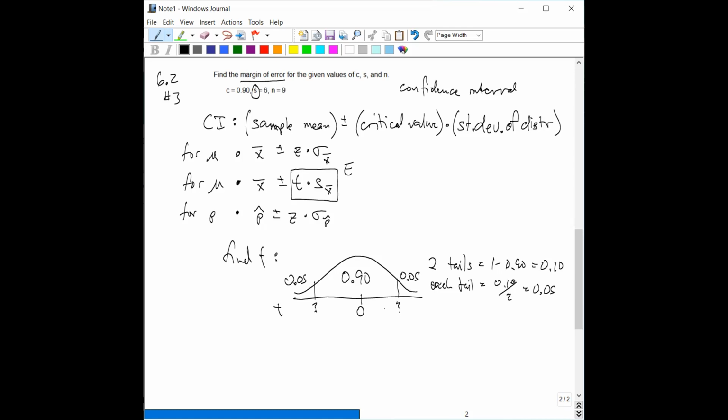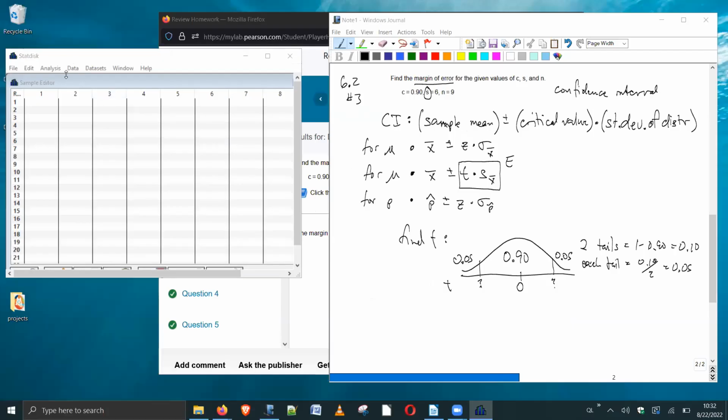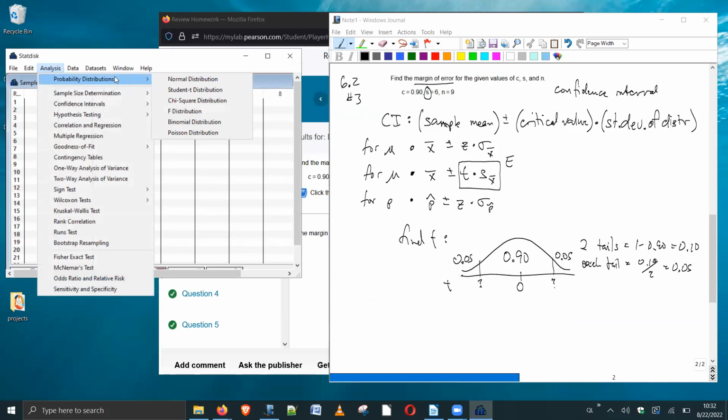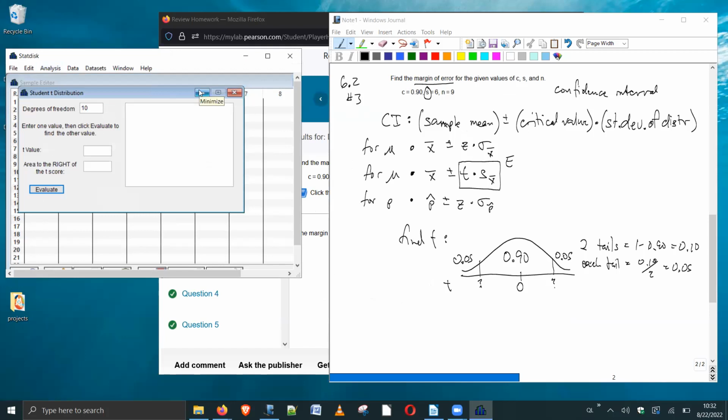In order to do that, we go to StatDisk. Give me one moment while I pull up StatDisk. Okay. So using StatDisk, go analysis, probability distribution, student t-distribution. Now we put in what we need.